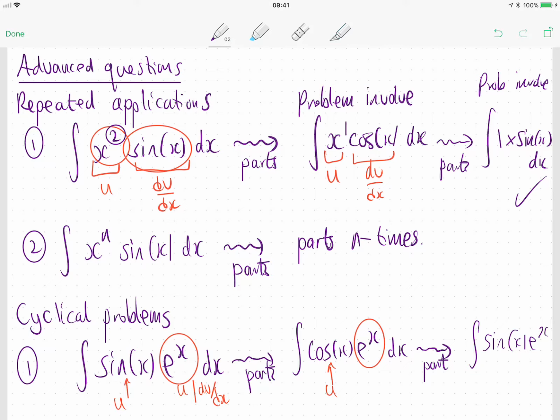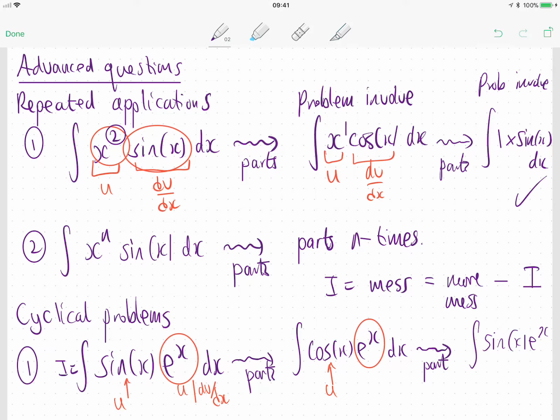What you'll see if you try to solve these advanced problems, you can have your problem, let's call it I. You're going to have some mess, and then you're going to integrate it again, you can have more mess, minus your answer appearing.